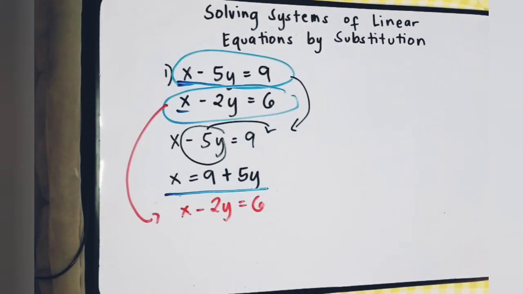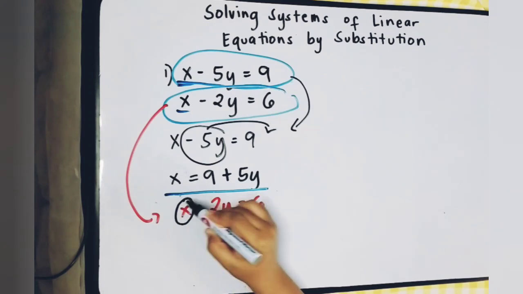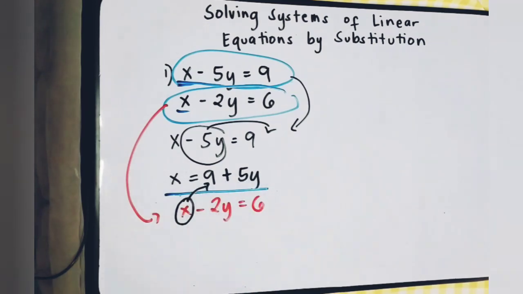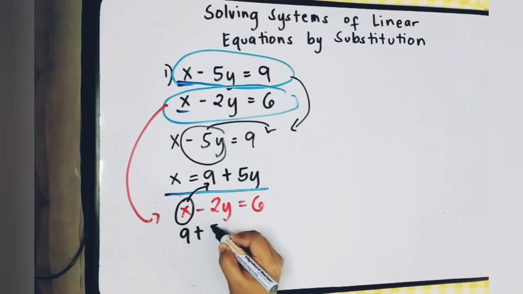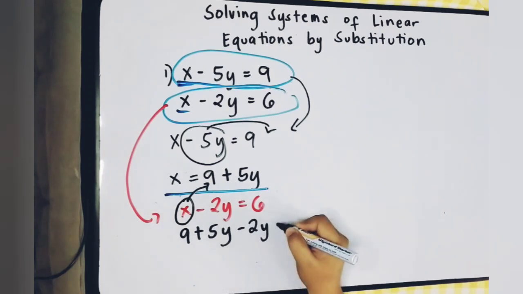Ano na yung gagawin natin sa second equation? Ang gagawin na natin dyan, i-apply natin yung substitution. So, we will now substitute x with 9 plus 5y. Okay? So, our equation will be, so si x, diba, it will become 9 plus 5y. Then, simply copy the remaining terms, minus 2y equals 6.